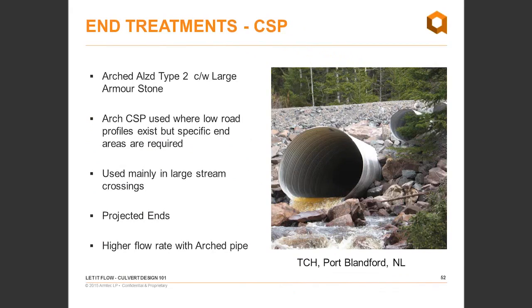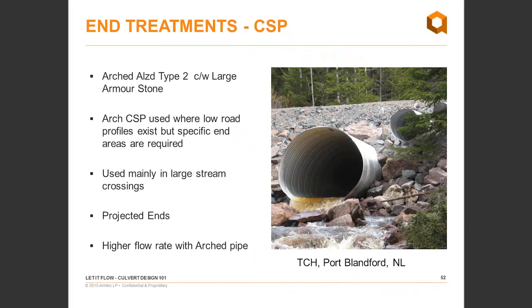This one here, as Patrick had in one of his slides, he talked about an arch culvert, flow properties. This is an aluminized arch pipe, large diameter, and armor stone projected protection. This particular area was, everyone has heard about Hurricane Igor that hit Newfoundland back in 2010.